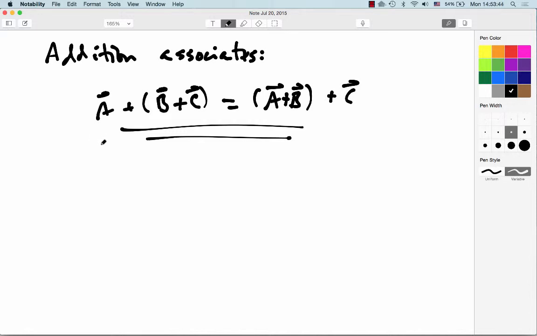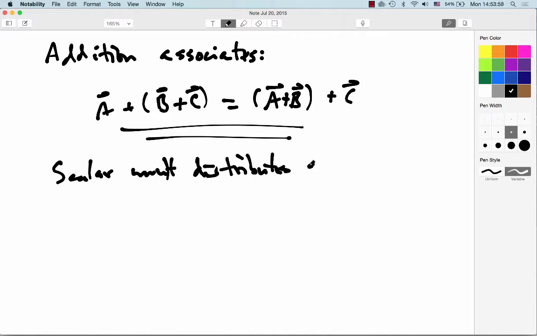And scalar multiplication does distribute over vector addition.